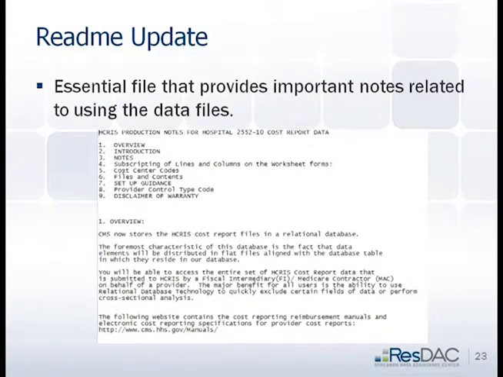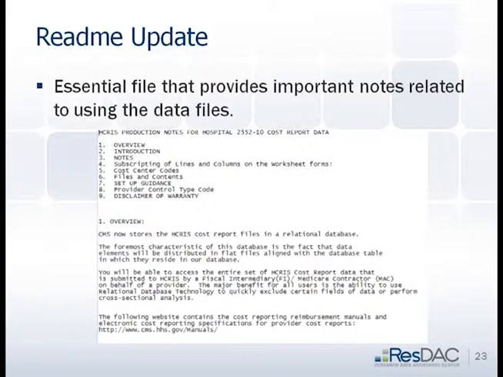Then there is a file called Readme. The Readme file is essential, so it tells you important tidbits of information about the data that is only found in here. For 2010, it's helpful, but it may not be essential. For the 96, if you're using the 96 data for hospitals, this one is an essential document because it gives you information about special coding for certain units that require coding that is different from the norm.